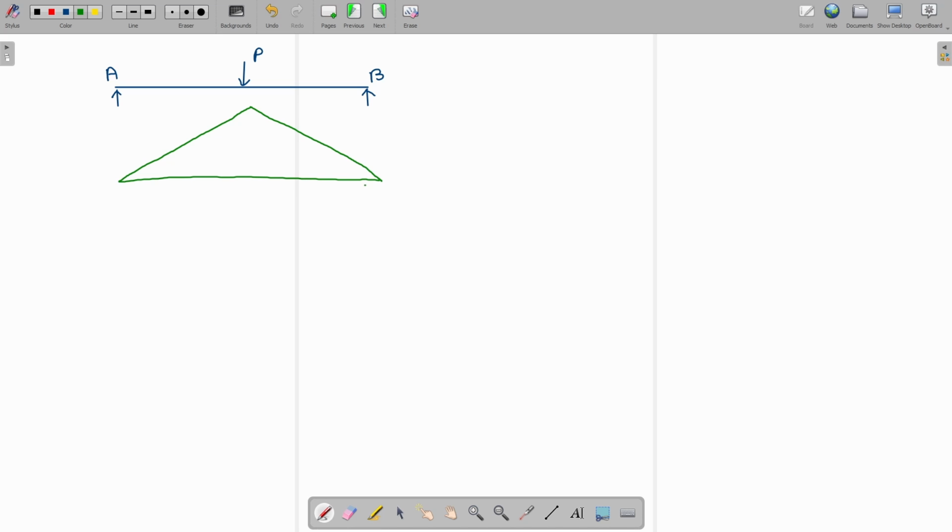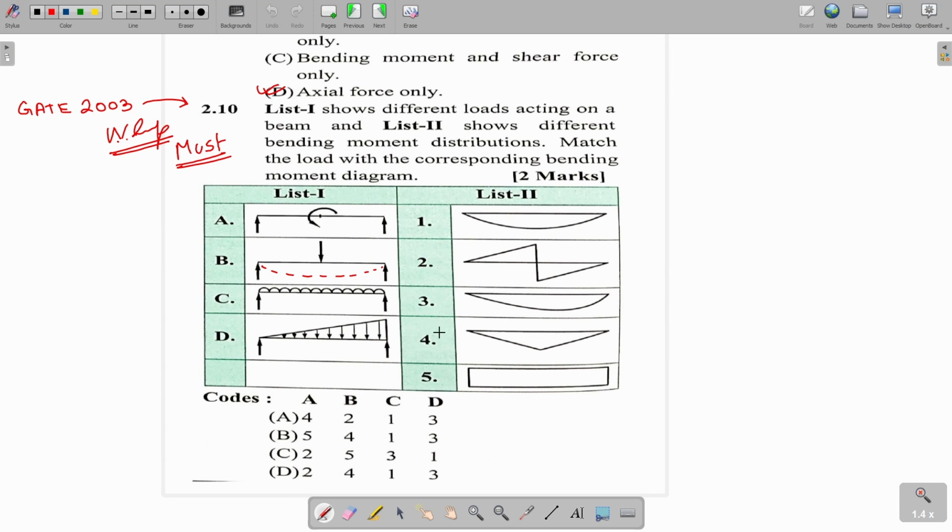This is the baseline, and anything above the baseline is positive. Therefore, option number B corresponds to option number 4. So we are going to write B4, that is either this or this. So we are going to omit option number A and C.